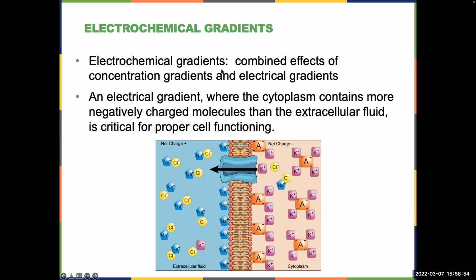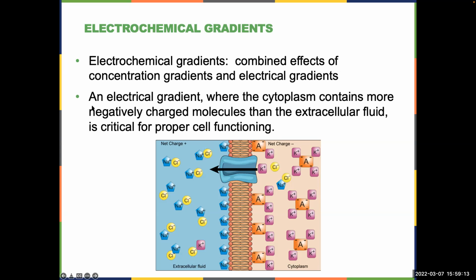So electrochemical gradients are the combined effect of both the concentration gradient of the substance itself and the total electrical gradient present. And there will be a difference between the inside of the cell and the outside of the cell.